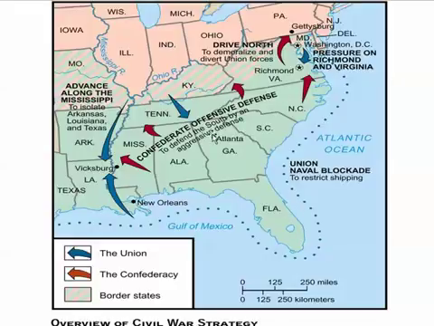There's only 2 battles in which the South is going to go on the offensive, and they're 2 of the ones listed. One in Maryland, Antietam, and one up in Pennsylvania, Gettysburg, and we're going to get to those.